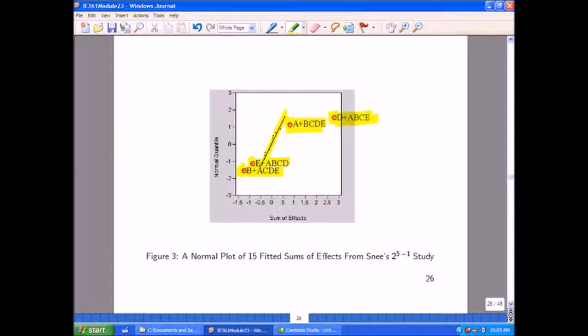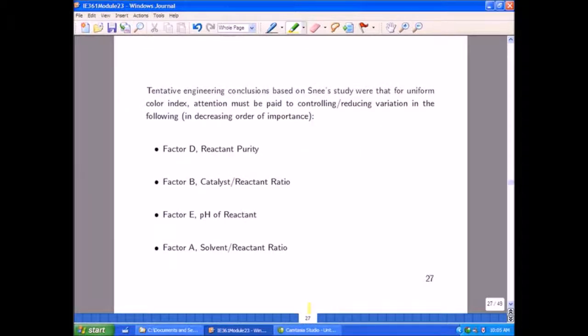Hopefully, if the world is simple, essentially those things can be attributed to the main effects. So all I can do is make tentative conclusions because I don't have the full 2 to the 5th factorial.